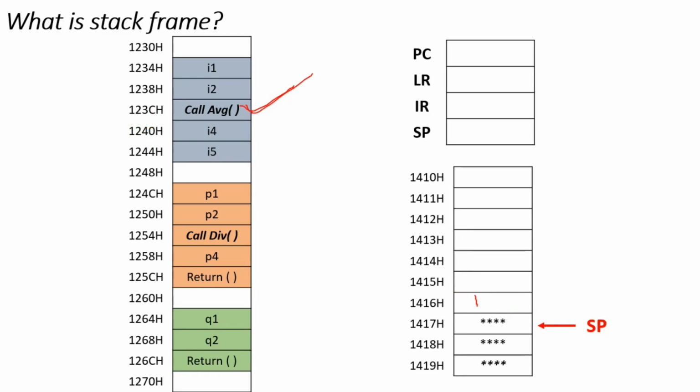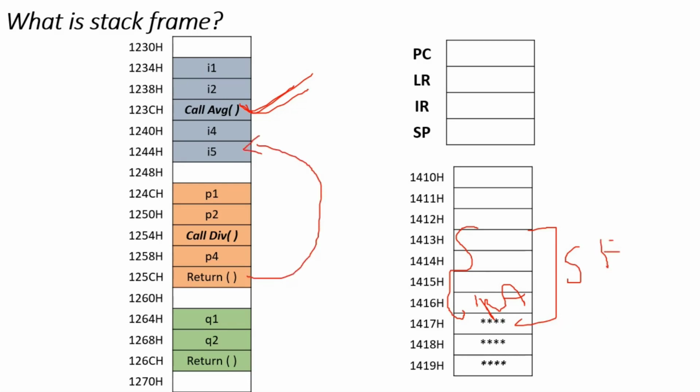So when a function call is executed, with the return address, some other details are also pushed into the stack, and it is called one stack frame. When we return back to the function after execution of the subroutine, this entire stack frame is removed from the stack. So always remember, whenever there is a function call, not only the return address is pushed into the stack, some other details are pushed too.